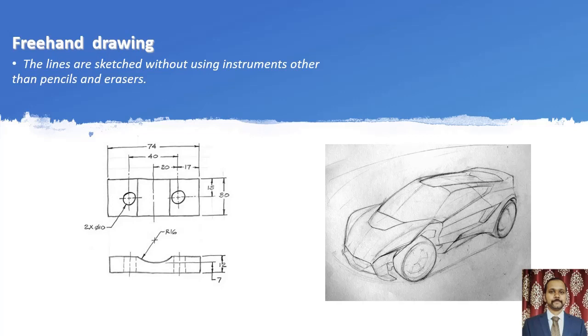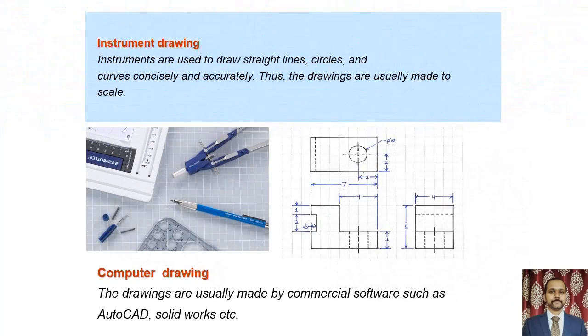Then the drawing, with the help of instruments, we can say protractor, compass and all that, we are going to draw the lines, circles, curves very concisely and accurately. Thus drawings are usually made to scale. And this is an example of an engineering drawing, how it looks, right?